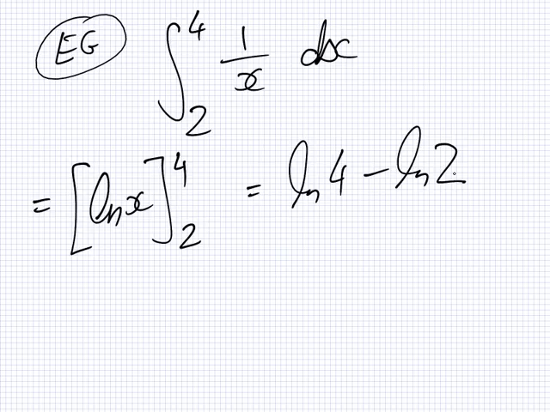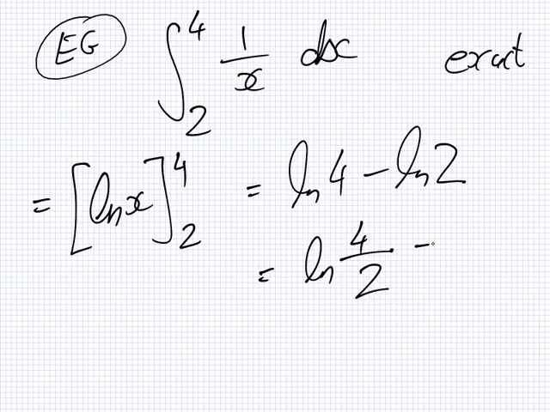Often in the exam they ask for the exact answer, so we leave it as logs, but we can also simplify. What can I do here? Log of 4 over 2, which is log 2. So log 2 is the answer here.